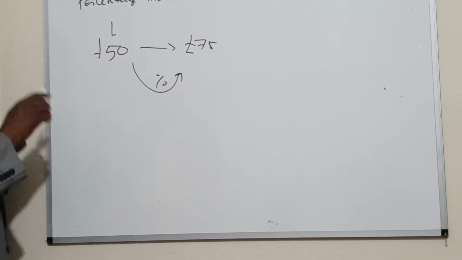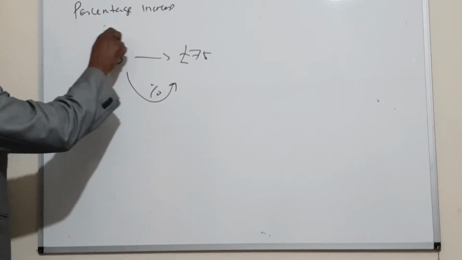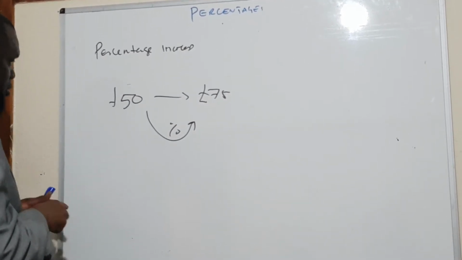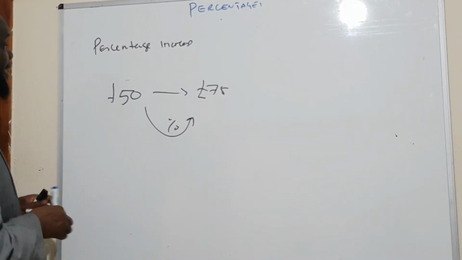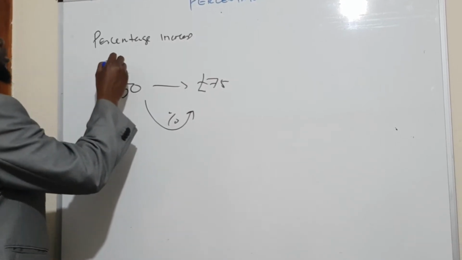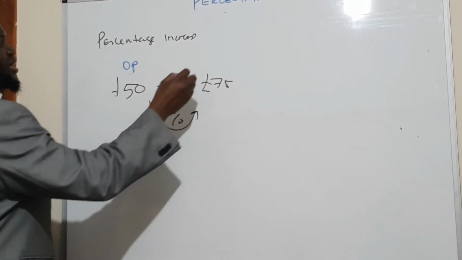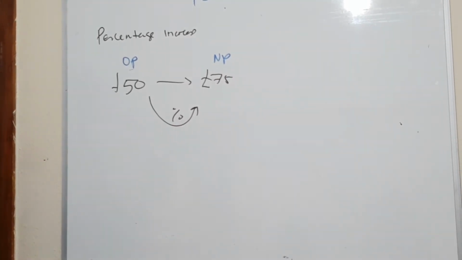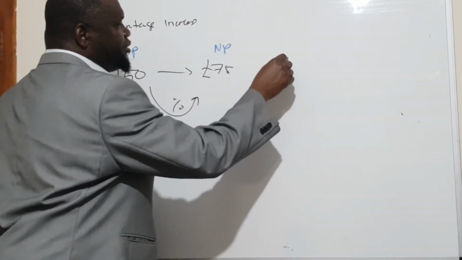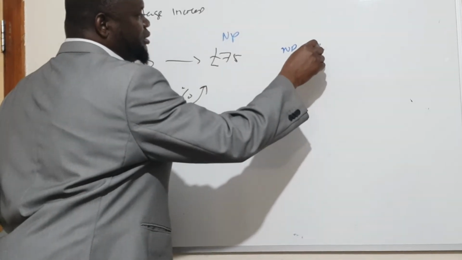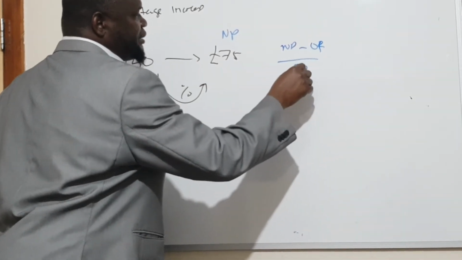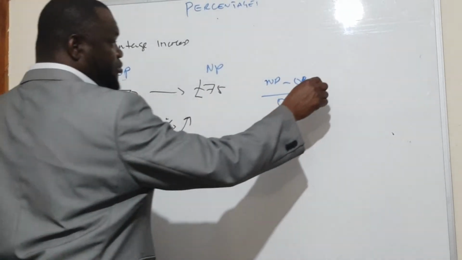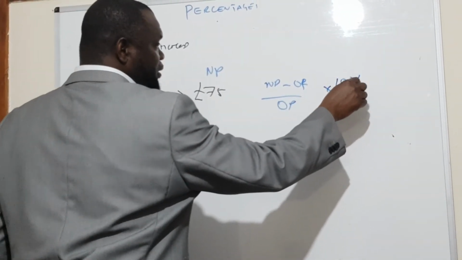First of all, two things you have to identify: the old price, which increased, we call the old price, and the price it increased to we call the new price. So the formula is you subtract the old price from the new price, divided by the old price. That will be the increase, and you multiply by 100 to find the percentage.